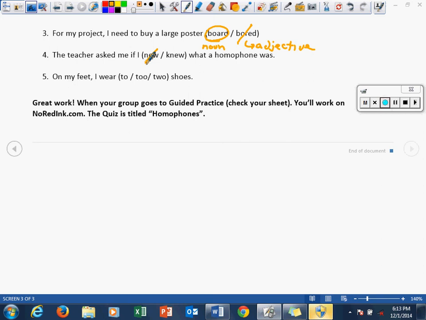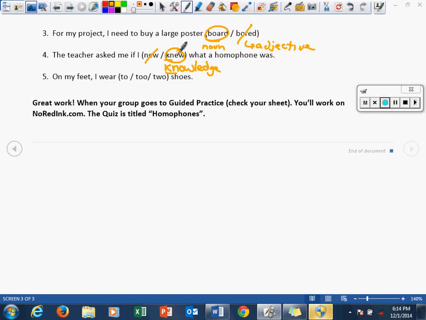So like new shoes, they just came out, they're brand new, that's this new. Whereas this new, the one that starts with K-N, K-N also starts the word know. And so it has to do with knowledge. So that's one way you can remember it. K-N, K-N, knowledge. So you have the knowledge now what a homophone is.